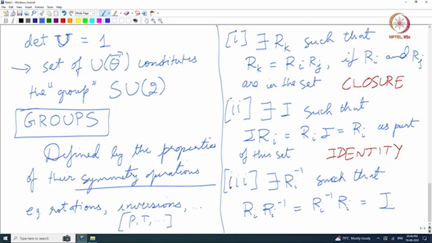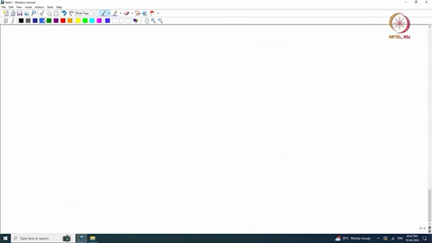The identity. Good. So, what is this property called? I just said it, inverse. If you can't form an inverse in a set, then that set does not qualify to be a group in the mathematical sense.